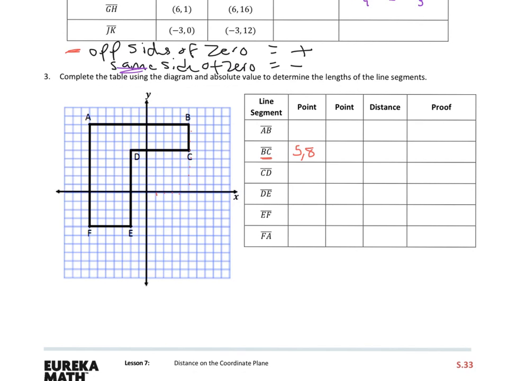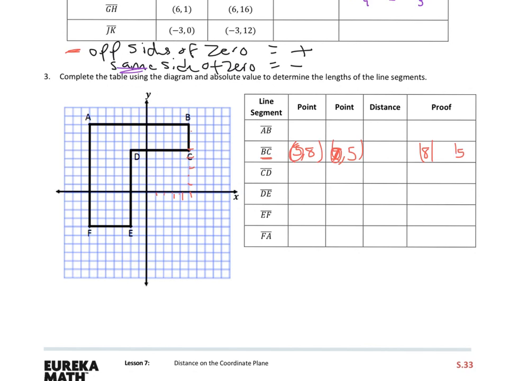And then I got to look for C, which is over 1, 2, 3, 4, 5, and it's up 1, 2, 3, 4, 5. So now I'm going to prove this by looking first, and then I'll show you how to count these up. So I see that they both share an x of 5, so I have an 8 and a 5 that they don't share.